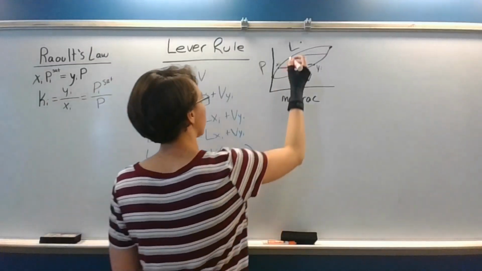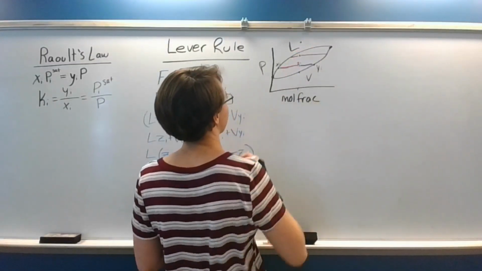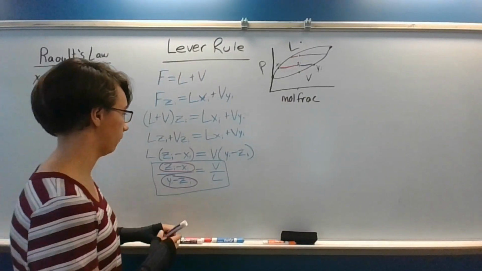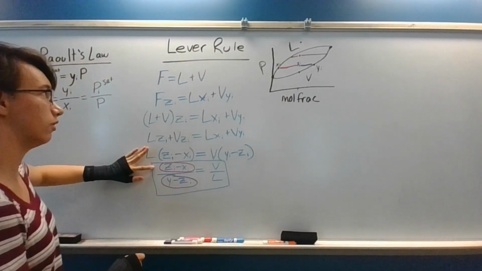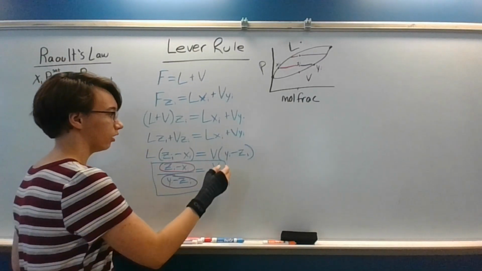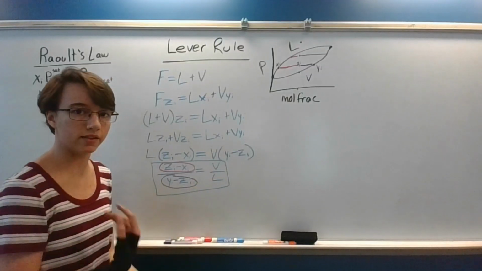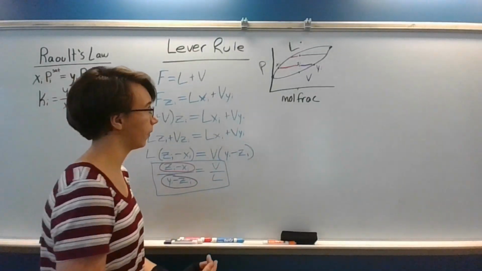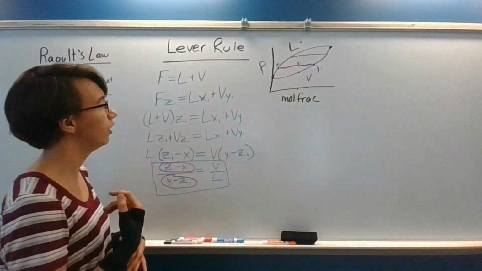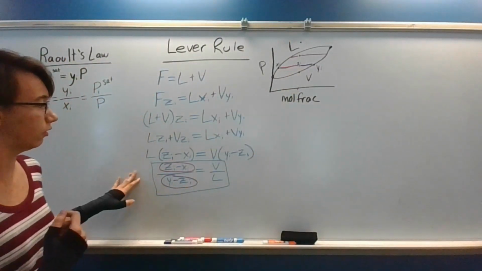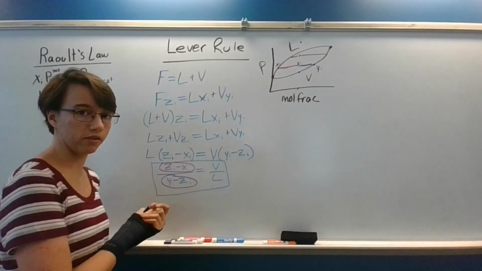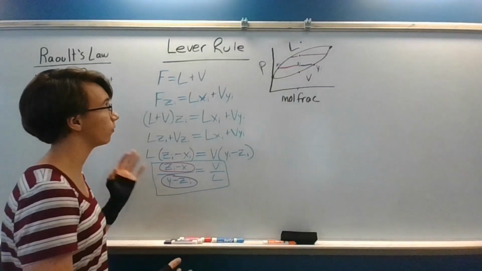You'll notice that got longer, whereas this pink distance got shorter. And so the top of our fraction here is getting smaller, while the bottom is getting bigger. That means that overall, the ratio of vapor to liquid is decreasing, which makes sense when you think about it. As we keep increasing the pressure, more of this vapor is being turned into liquid. But this equation, the lever rule right here, gives us more quantitative analysis of how that's happening. So that's the lever rule.